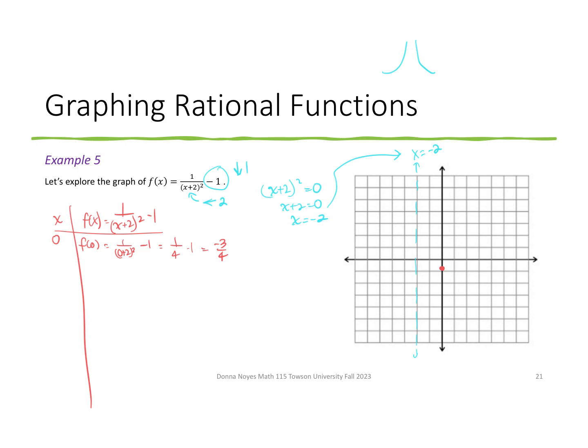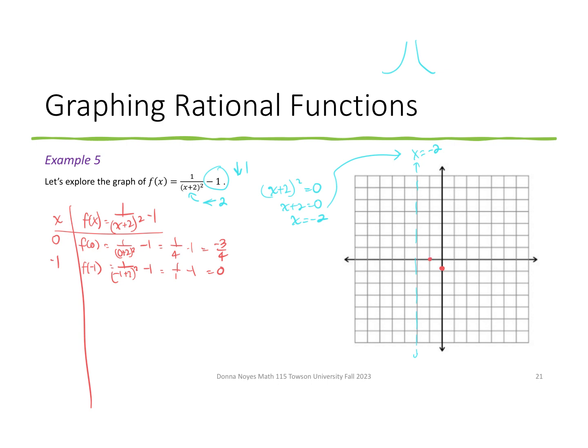And then let's do negative 1. F of negative 1 would be 1 over negative 1 plus 2 squared, and then minus 1. So 1 over, oh, that's just 1. 1 over 1 minus 1 is 1 minus 1, which is 0.